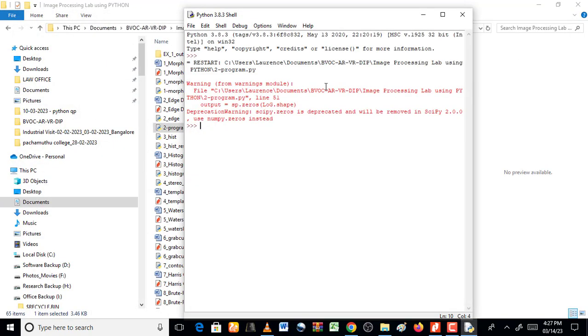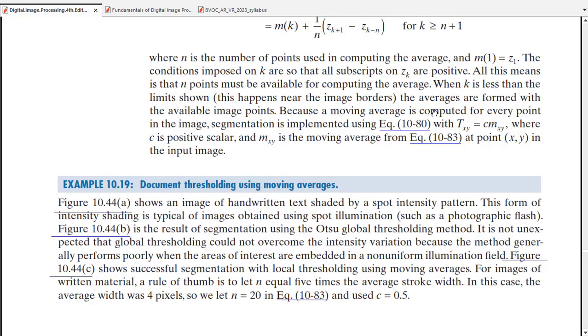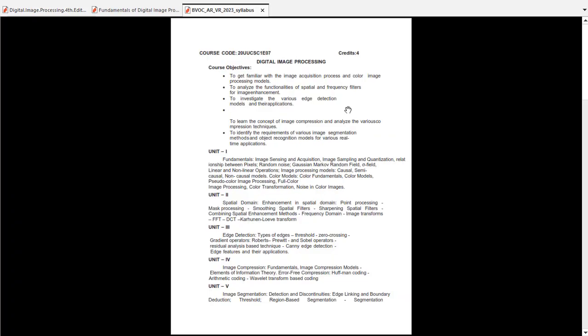Okay, I think we are finishing the third unit. Thank you for listening to our third unit. I will recap all the third unit topics, edge detection. We already studied the types of edges: horizontal edges, vertical edges, ramp edges, step edges, and roof edges. And what is meant by thresholding?